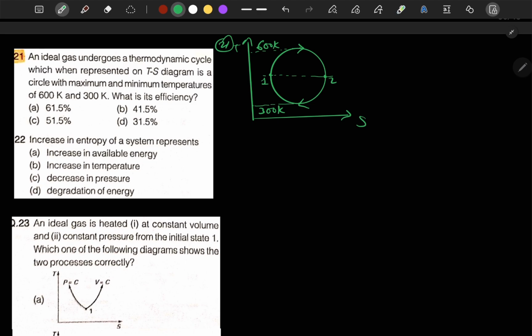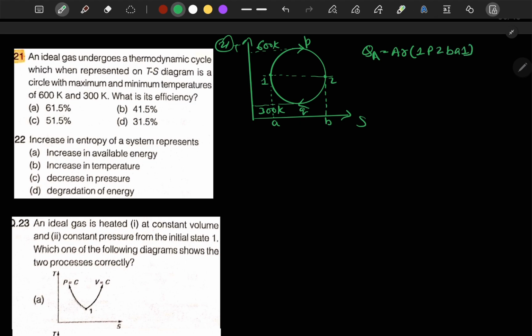If we talk about heat addition to the system, let's say these points are A and B. We can write QA is equal to area, and let's say this is process X, this is process Y, or we can also call them P and Q. So the area 1P2BA1 is the heat addition.